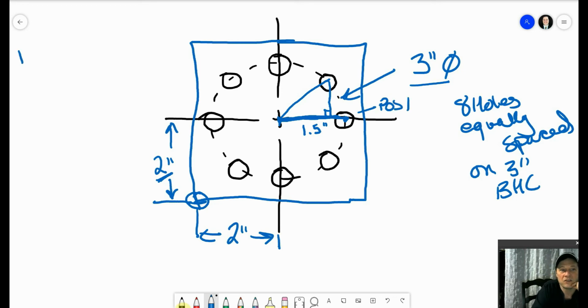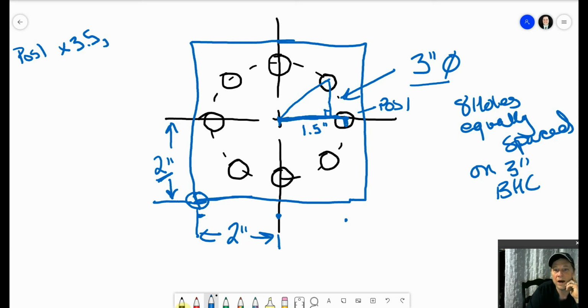If I wanted to solve position 1, I know that the x is 2 plus 1.5, right? So therefore it is 3.5. The distance from here to here, plus from here to here, which is directly below this point here. So I know the x position is 3.5.